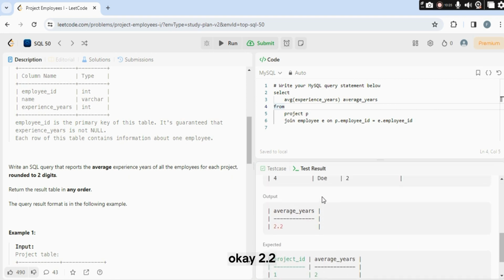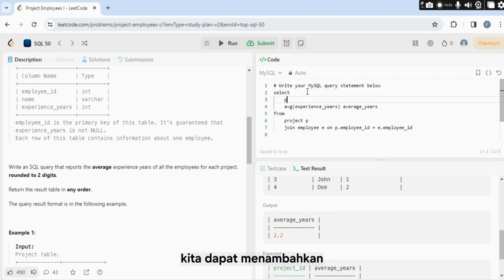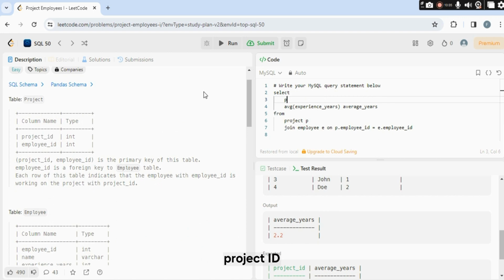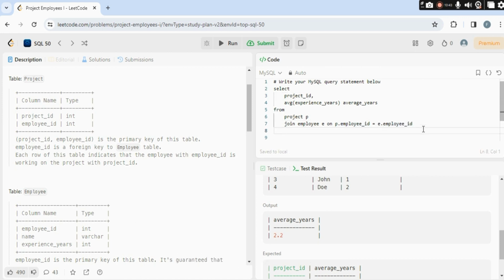Okay, 2.2. We can add the project ID, and then we group by project ID.